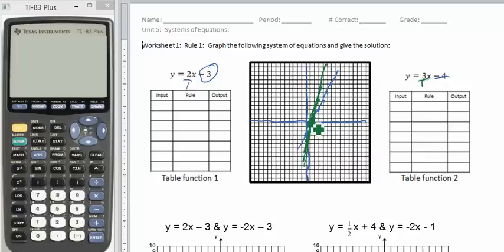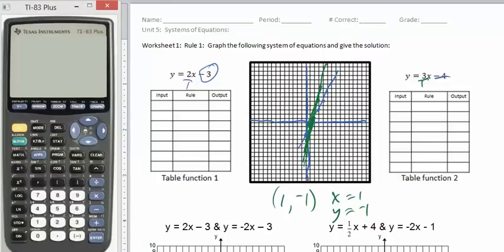So that is 1, -1. So they're going to meet at the point 1, -1, or where x is 1 and y is -1.